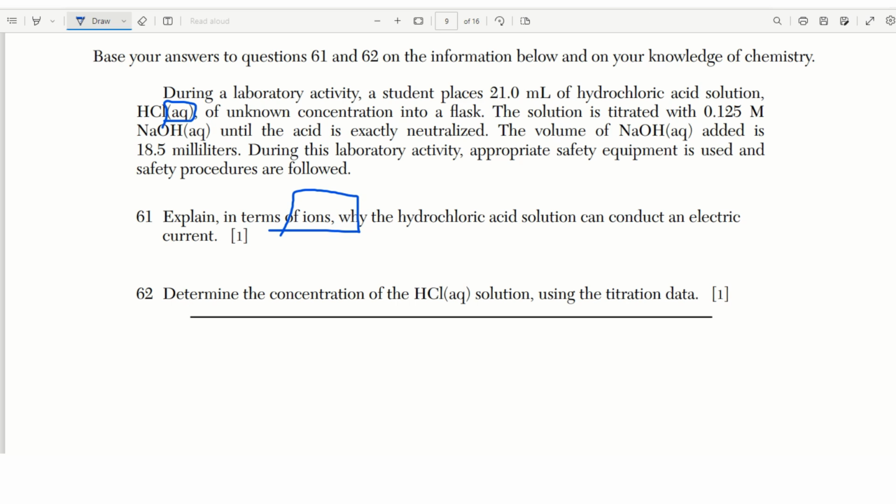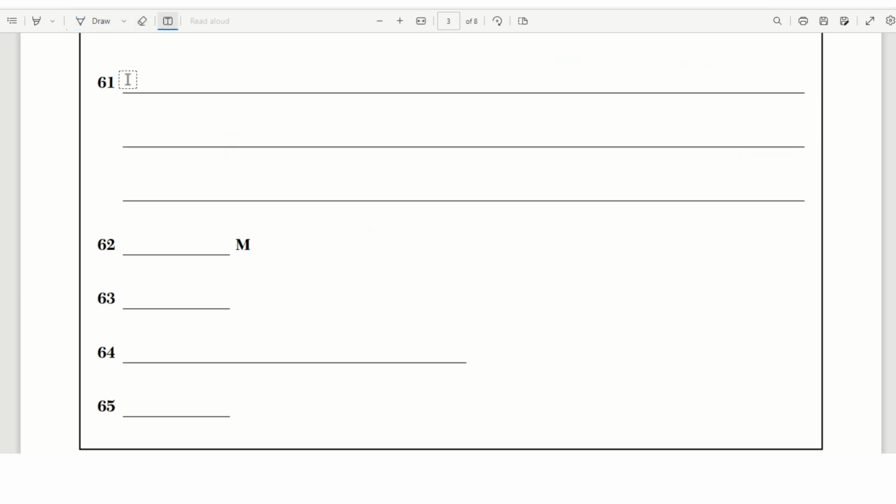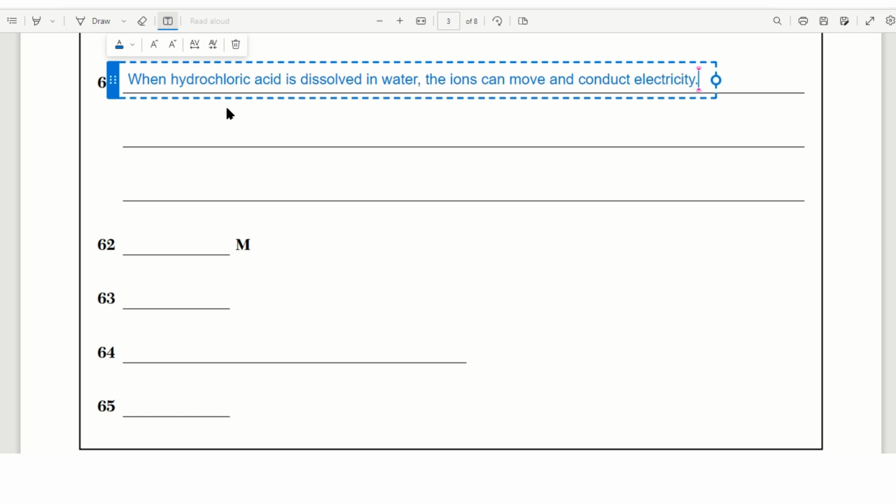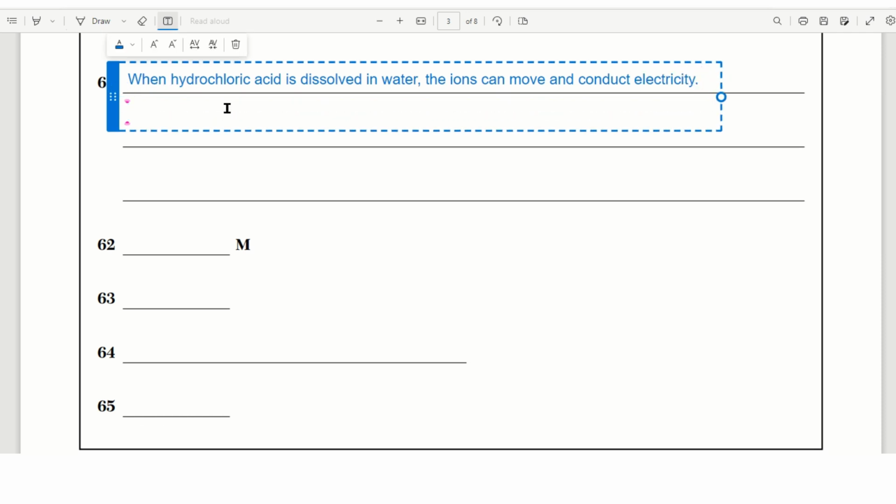Okay, because when hydrochloric acid is dissolved in water, the ions can move and conduct electricity. What else could you say?